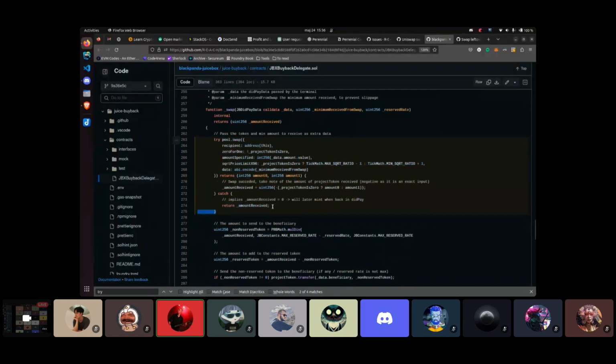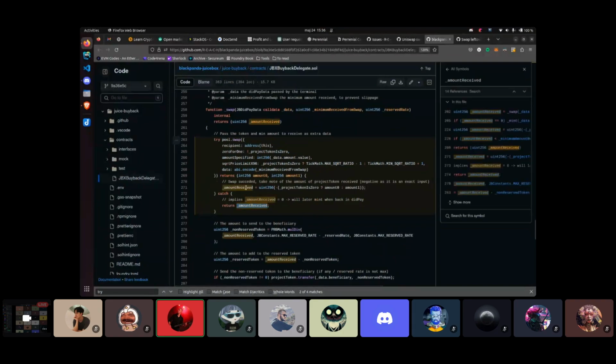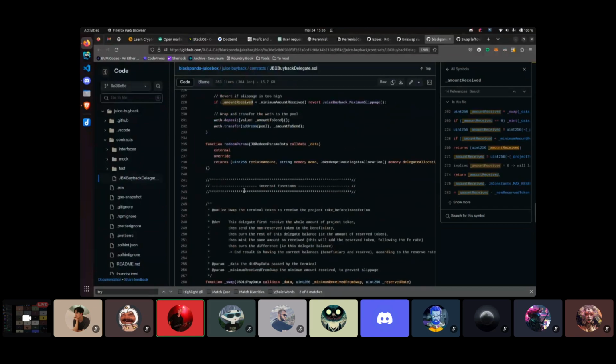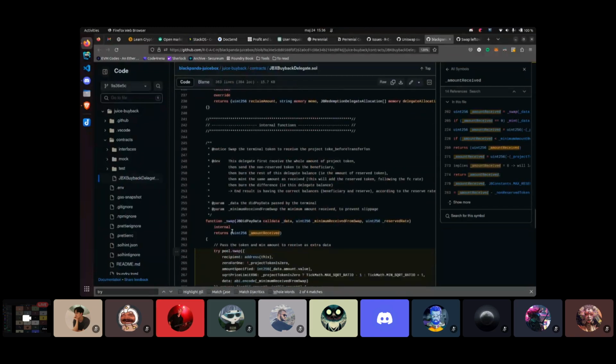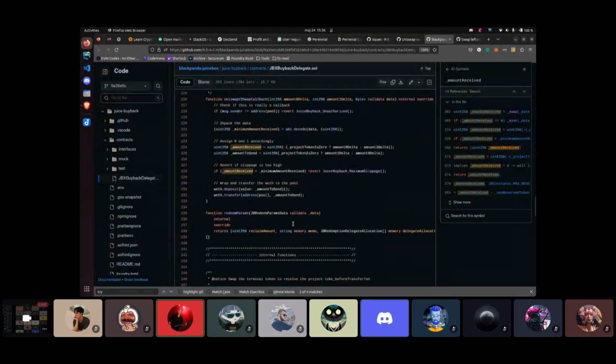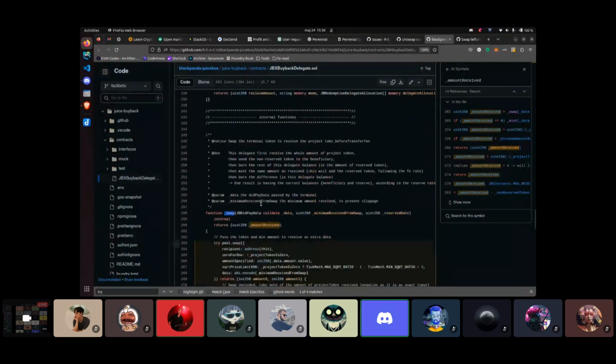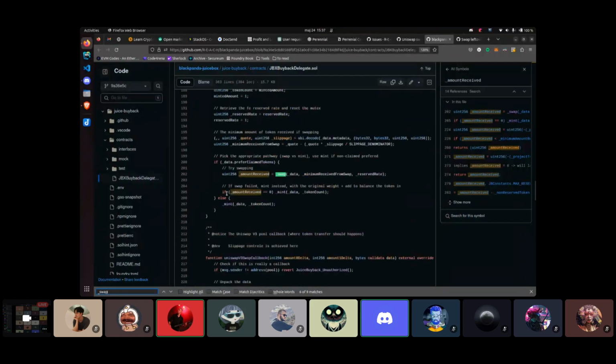And the amount received is not initialized here, so it will return 0, and in the calling function of the swap, the logic is: if the amount received is 0, which means that it failed, go through the mint function.